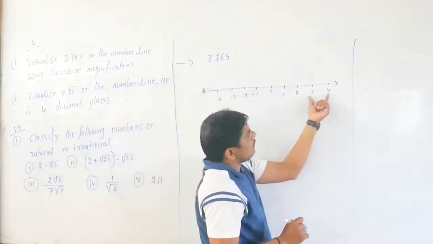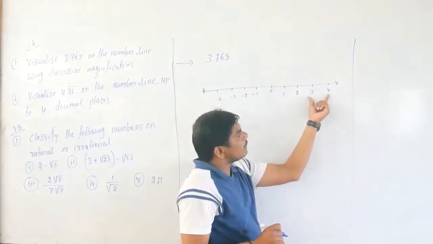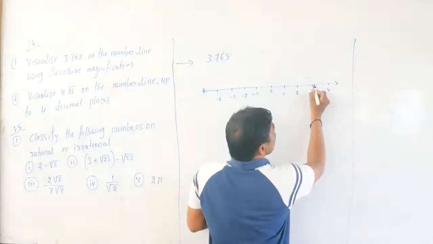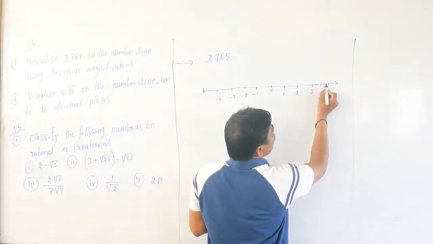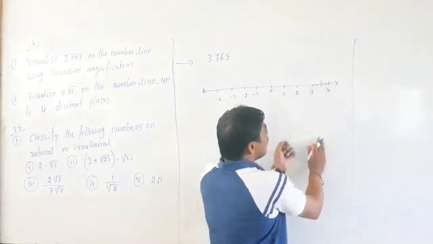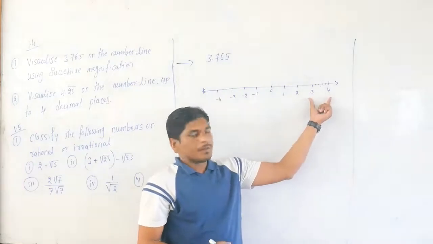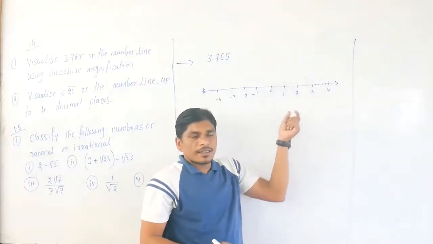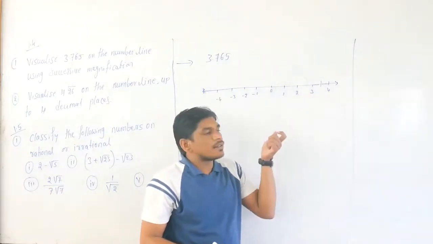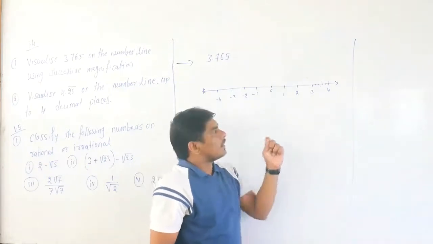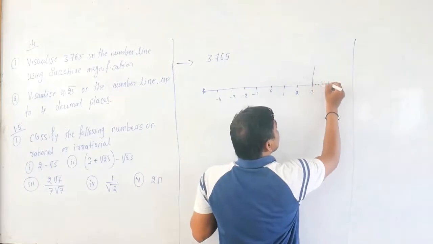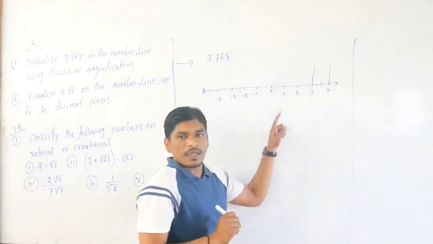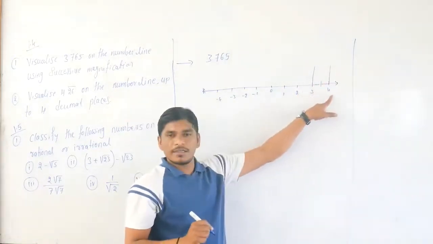Between 3 and 4 there are 10 divisions, and each division is 0.1. So first you identify that the given 3.7 lies between 3 and 4.